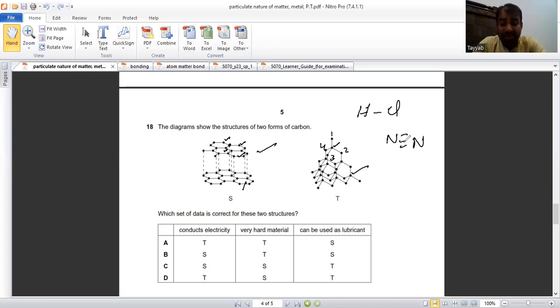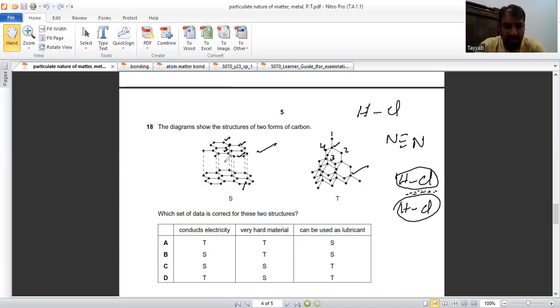To break the molecules away from each other, these are weak intermolecular forces. Their covalent bonds do not break. The molecules become far apart. These dots are intermolecular forces. These forces break and molecules go away, and liquid changes into gas, or solid changes into liquid, at very low temperature.